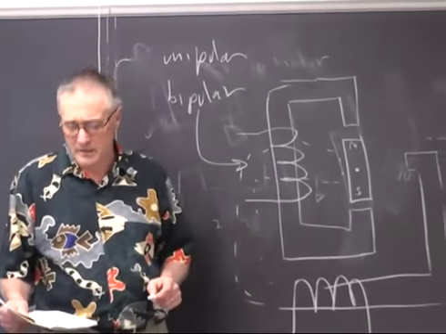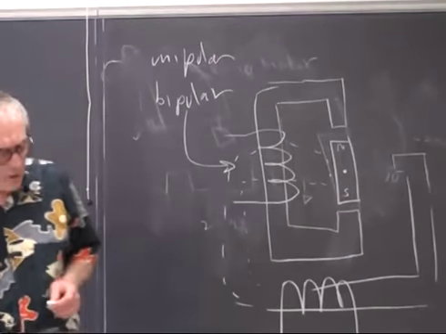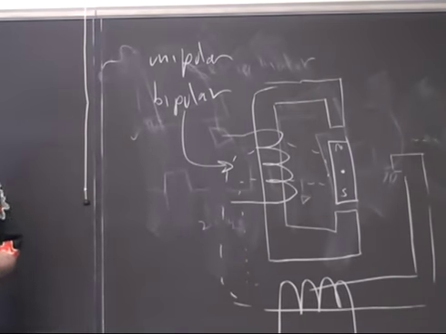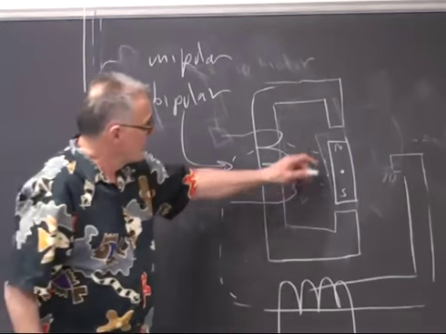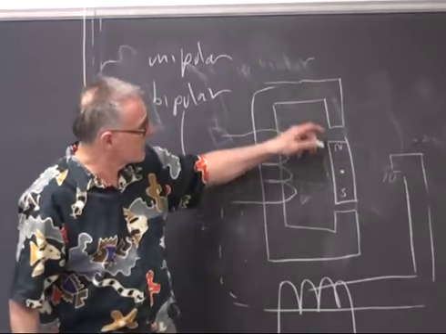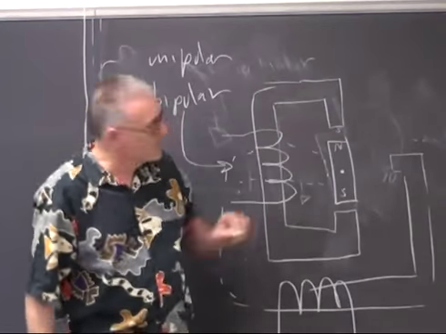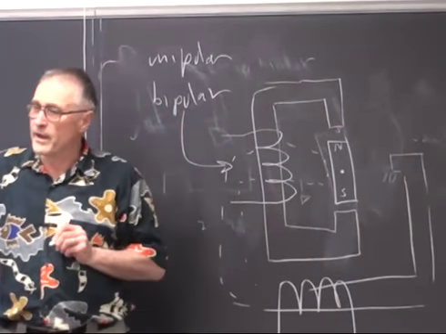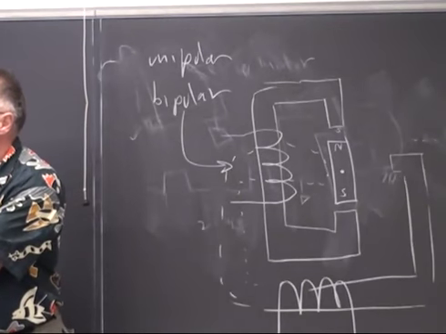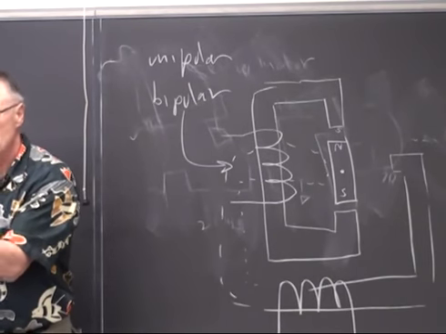But the scheme for controlling this is that at zero current, a south pole is induced up here that produces some torque to hold the motor in position. Not much torque, but a little bit.